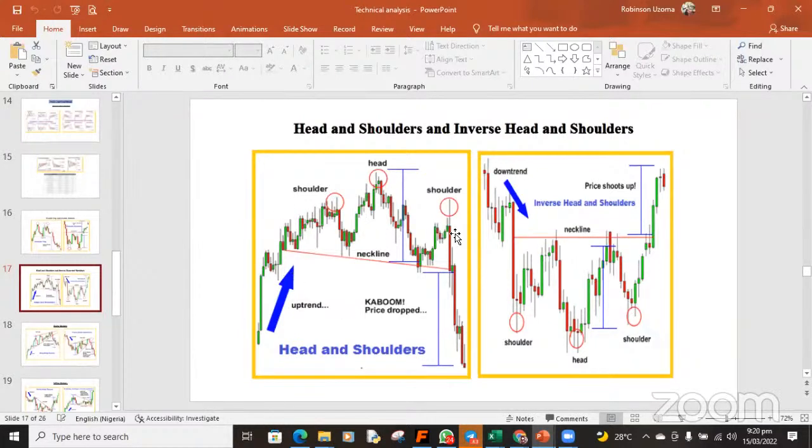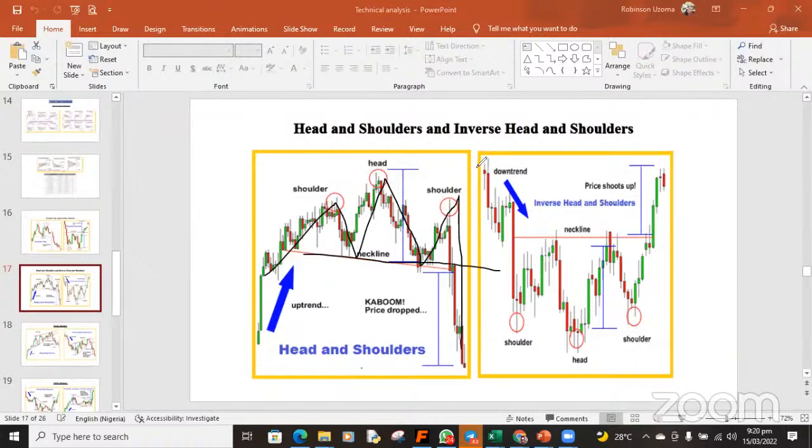So this is head and shoulder, and this is inverse head and shoulder. This head and shoulder also has a neckline, just like the double top and the double bottom. If you look, the first shoulder came, created a neckline, went up again above this one, came down, went up, came down, went up, and then started falling.